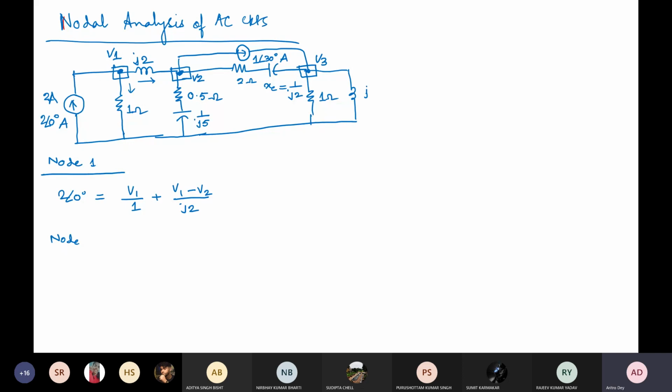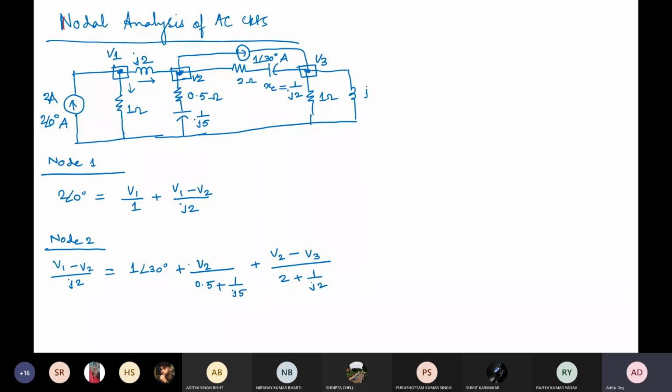At node 2, V1 minus V2 divided by j2 is equal to 1 angle 30, because this current source is outgoing, plus V2 divided by 0.5 plus 1 by j in the denominator, mind it, then V2 minus V3 by 2 plus 1 by j2. So this is one equation.